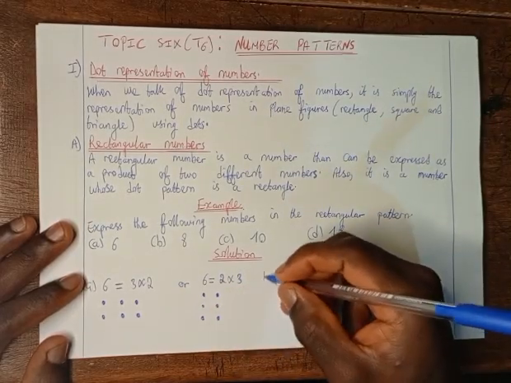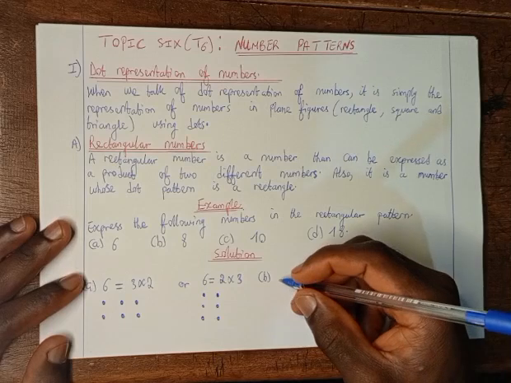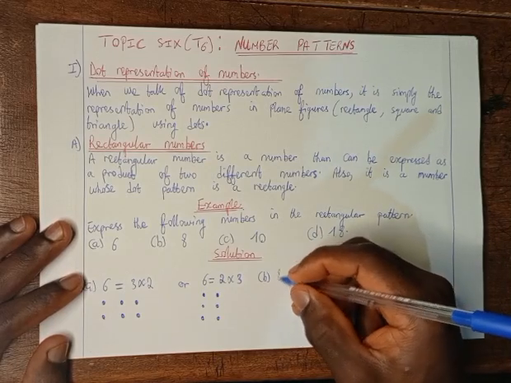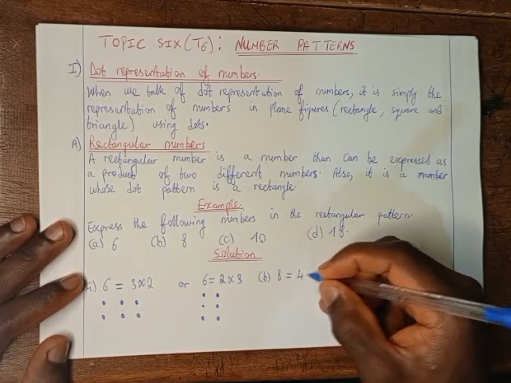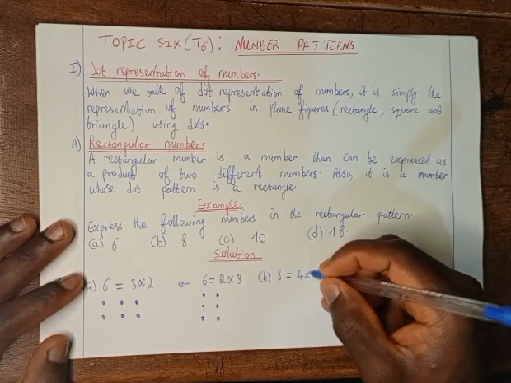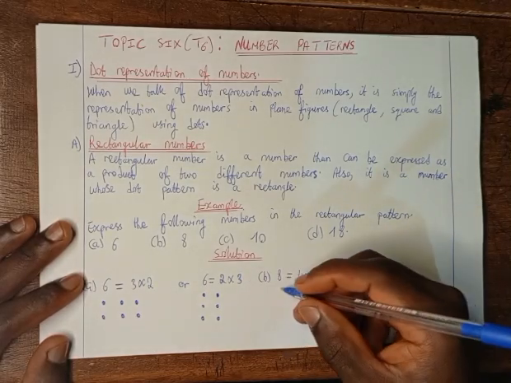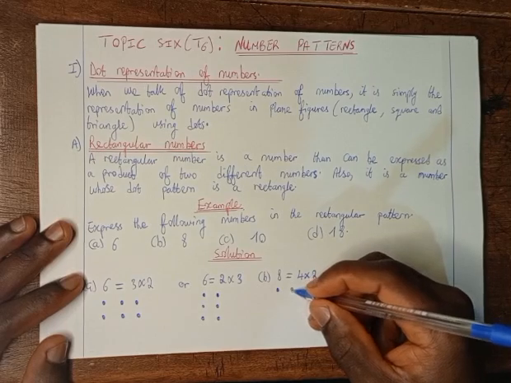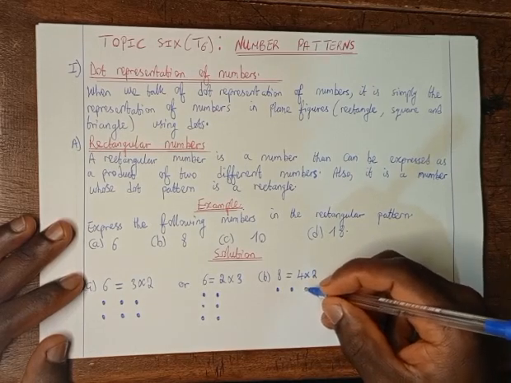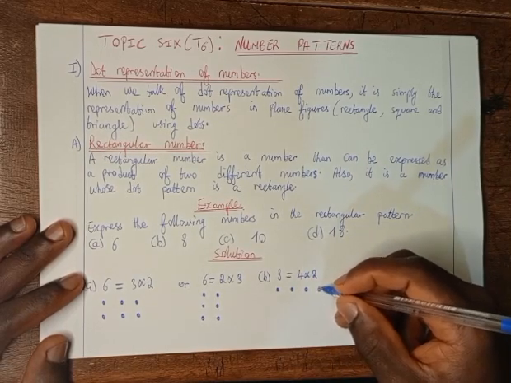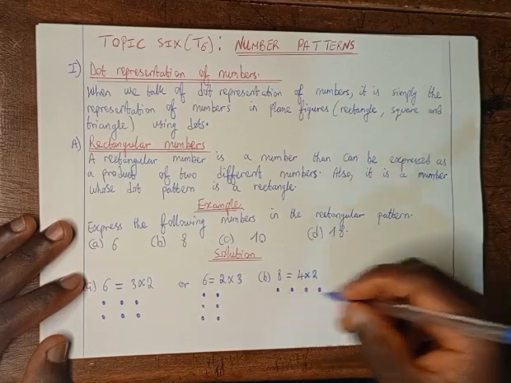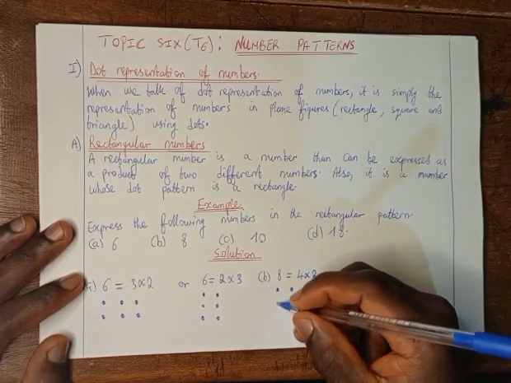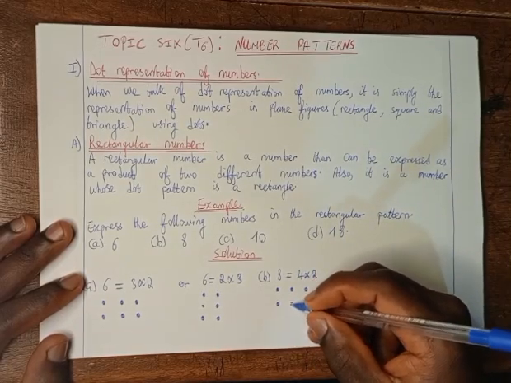If we go now to B, for B we have the number 8. We know 8 is equal to 4 times 2. In this case, it simply means the length has 4 dots, which are equally spaced out, and the width has 2 dots. And directly below these 4 dots, we have 4 other dots.